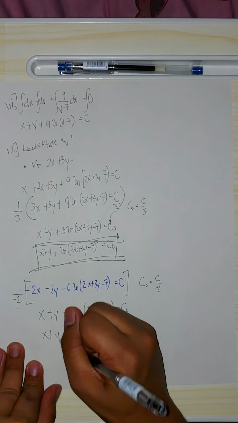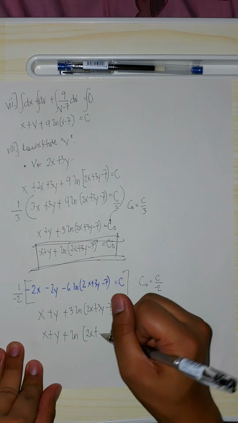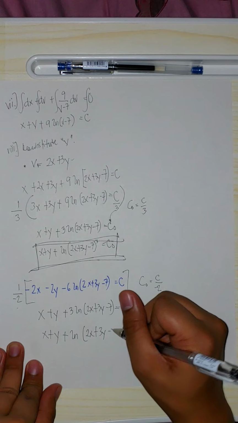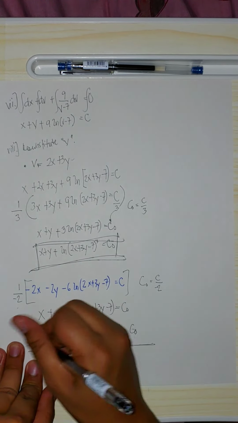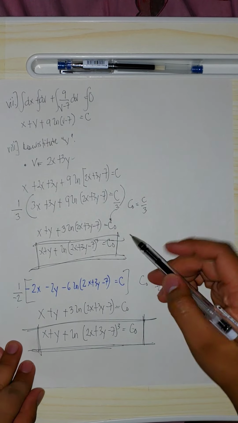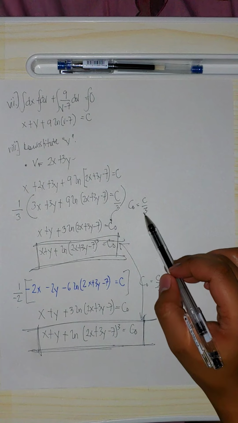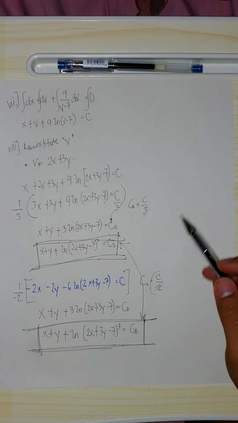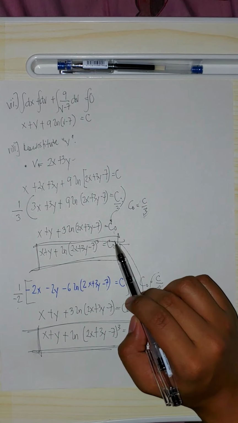So our final answer, following the module's way, is just (2x plus 3y minus 7) cube equals c naught. So these are just the same. They have the same answer. So what about c over 3 or c over negative 2? The constant, you can just write it as c or constant.